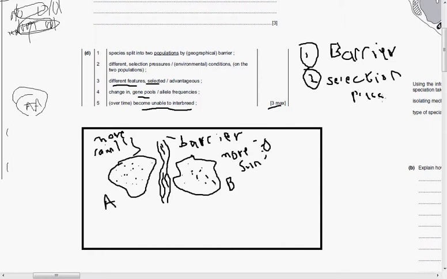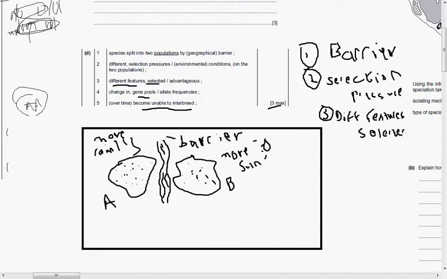Sorry, I guess it's too messy, but you just listen to my words. The third thing is different features selected.